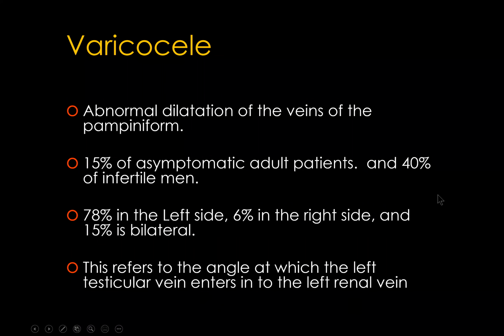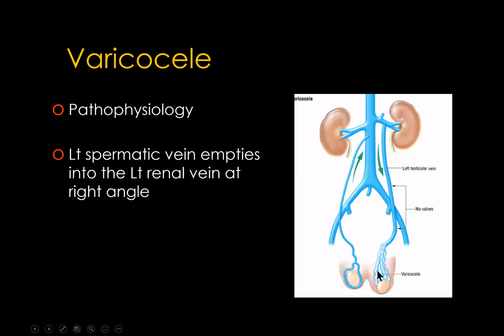So this is the sketch. This dilatation of the veins arises more often on the left side, and many authors refer this to the angle. The left testicular vein enters into the left renal vein, which is almost perpendicular.